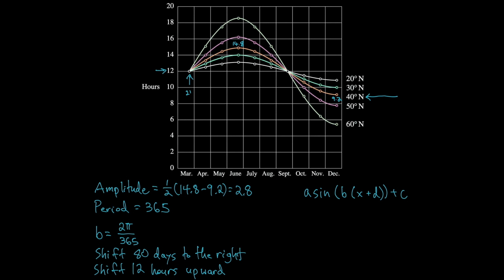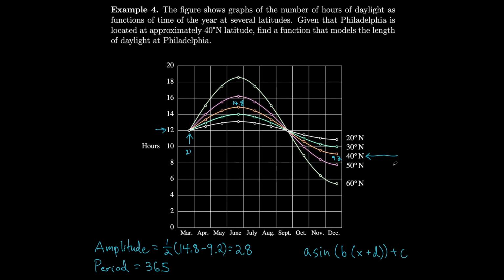So that means that we can come up with a function here. This is supposed to be length of daylight.